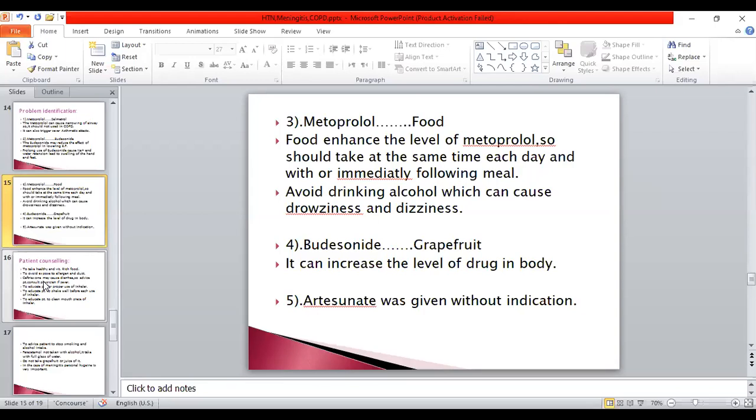See, usually grapefruit juice is an enzyme inhibitor, no? Yes. So maybe it inhibits the metabolism of budesonide. Okay, any other questions?